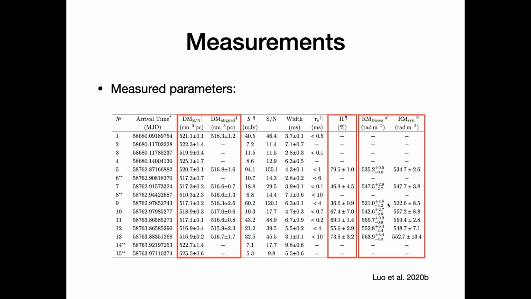You can find that for both methods, the RM value is quite consistent with each other. But the RM value deviates from the previous observation carried out by Danny Price. They measured the RM value as 3,000, but now we only have 540. What happened? Maybe there's something wrong in their calibration.